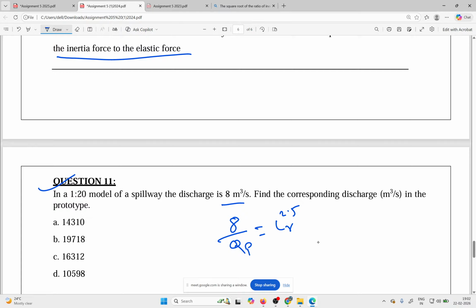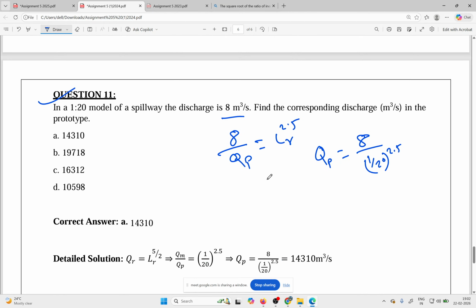So Qp is nothing but 8 divided by 1 by 20 to the power 2.5. Finally you will get 14310 meter cube per second.